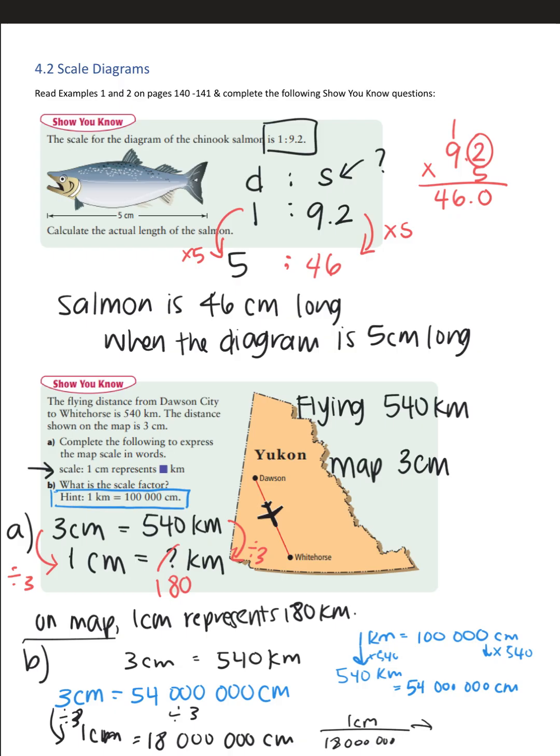And we're going to realize that the scale factor is equal to 1 over 18 million, right? And if we were to write that as a decimal, that's where we're going to see that value is so much less than 1 whole because the reduction is making it so small, okay? Hope that helps.